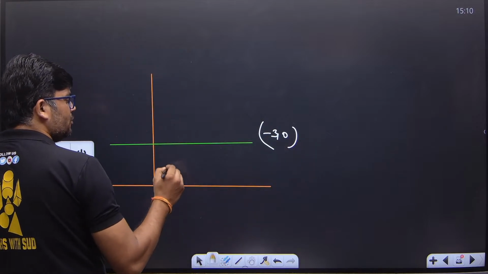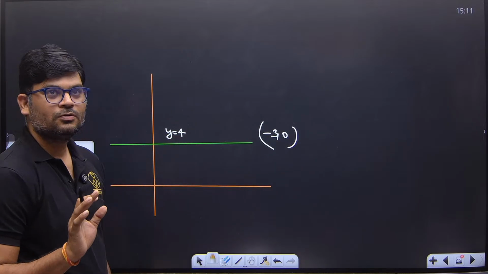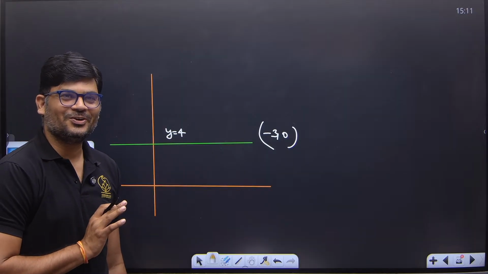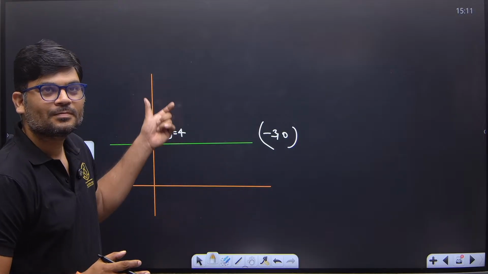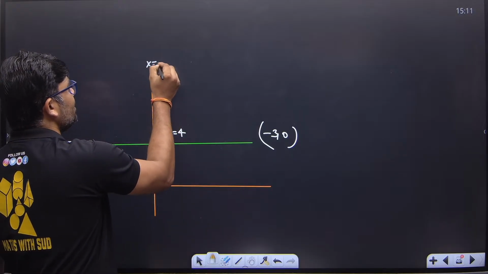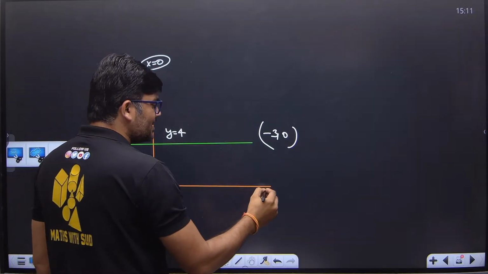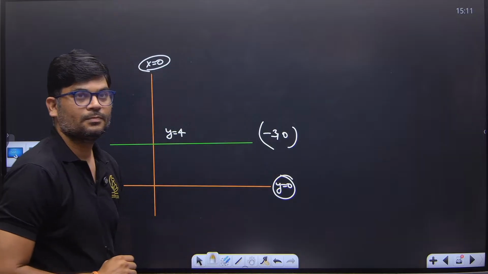No, x is not 0, y is 4. The slope is 0. X is 0 for the equation of the y-axis. You can say the equation of y-axis is x equal to 0 and the equation of x-axis is y equal to 0.